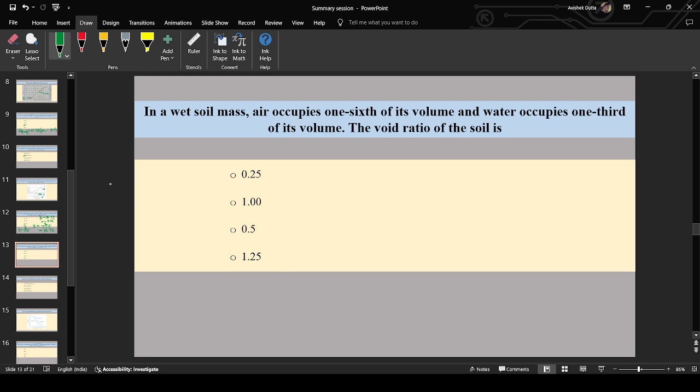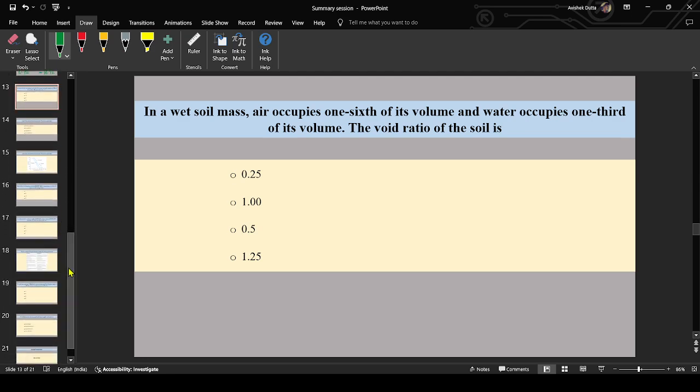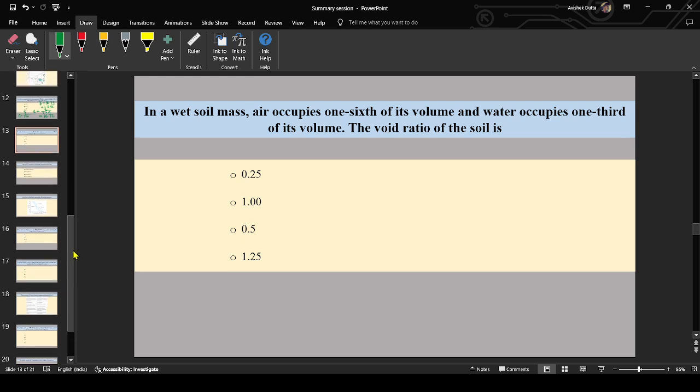In a wet soil mass, air occupies 1/6 of its volume and water occupies 1/3 of its volume. The void ratio of the soil is. The options are 0.25, 1, 0.5 or 1.25.